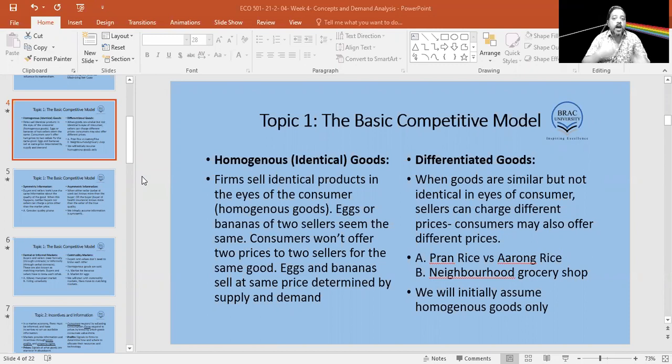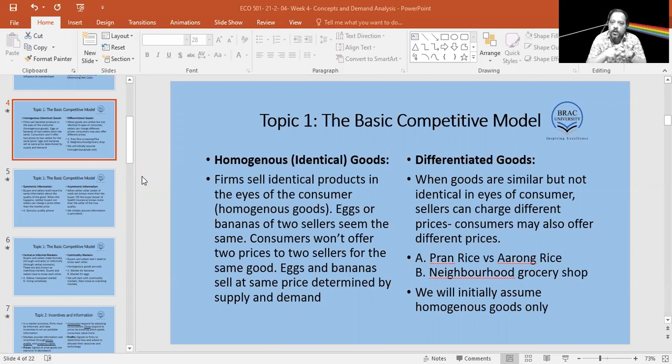They're identical in the eyes of the consumer. So if I'm a consumer and I want to buy some eggs, then the eggs of one seller, in my eyes, are the same as the eggs of another seller. When this happens, as a buyer, I will want to offer both of them the same price. Why? Because both of them look the same to me.